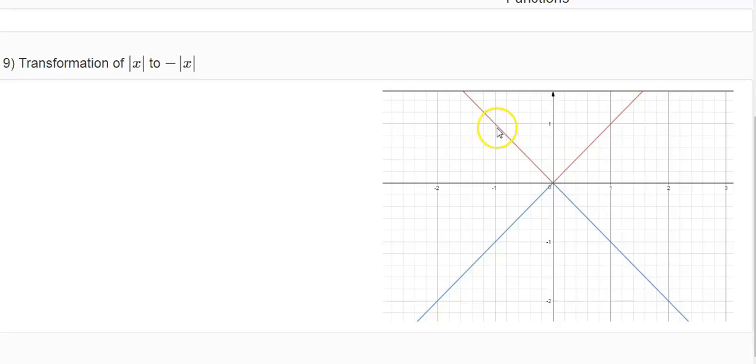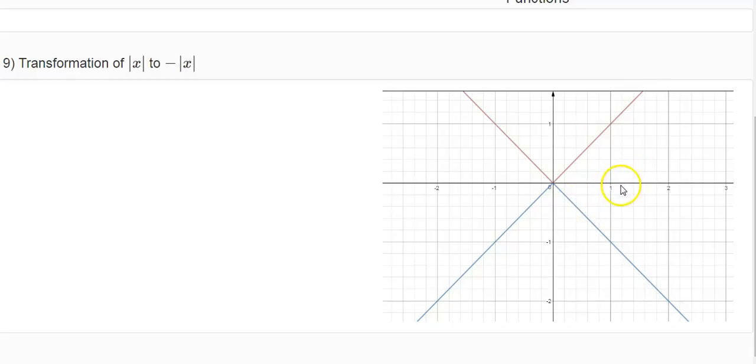When the value of x was minus 1, the value of y still was 1, but the value of minus modulus of x would become minus 1. So in this case, this graph would be the mirror image of the original graph along the x-axis.